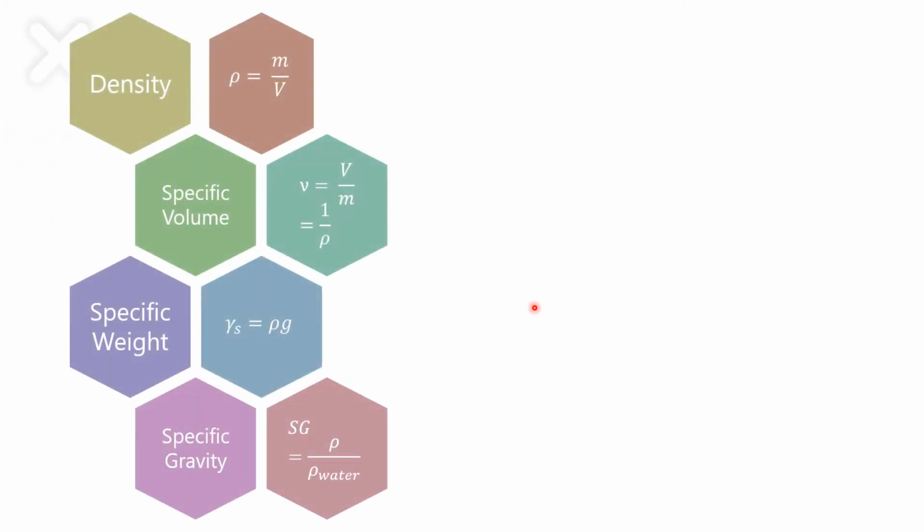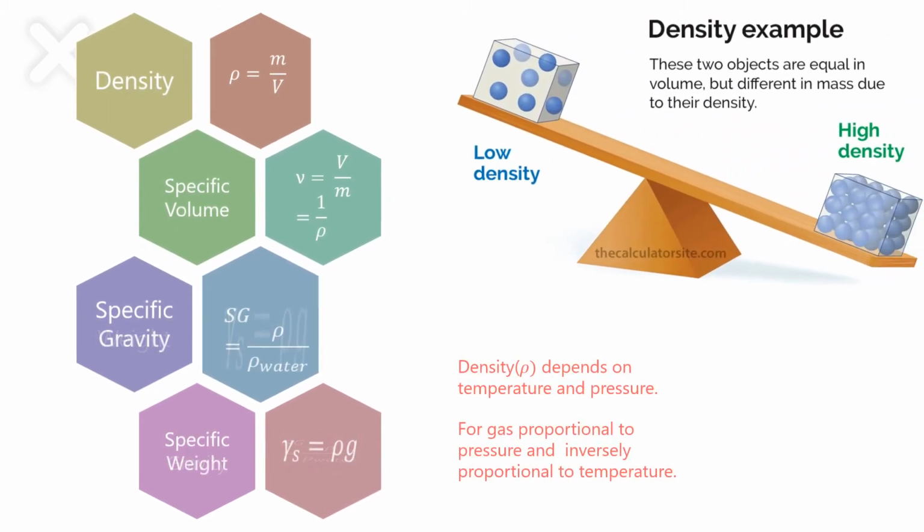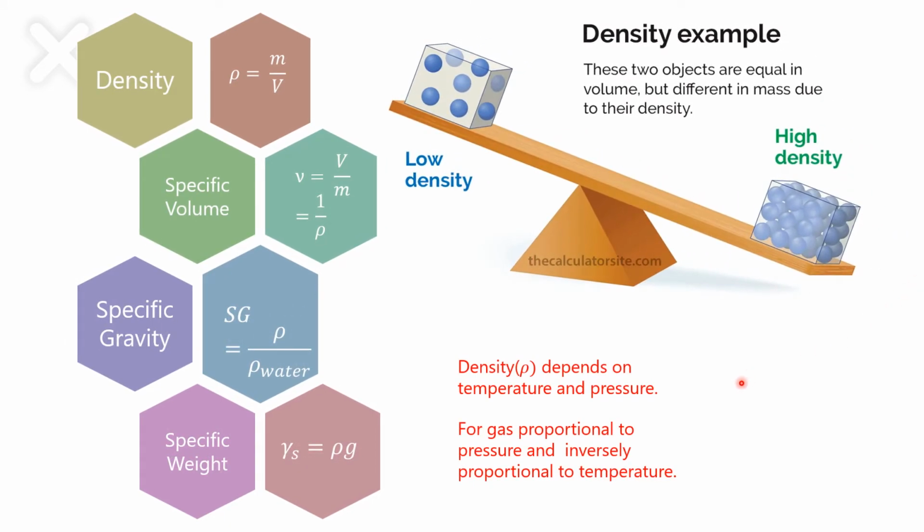Now, let's talk about another terminology often used in this course. Density is defined as mass per unit volume, and it is denoted by ρ, and the SI unit is kilogram per cubic meter. This is how to illustrate the density.